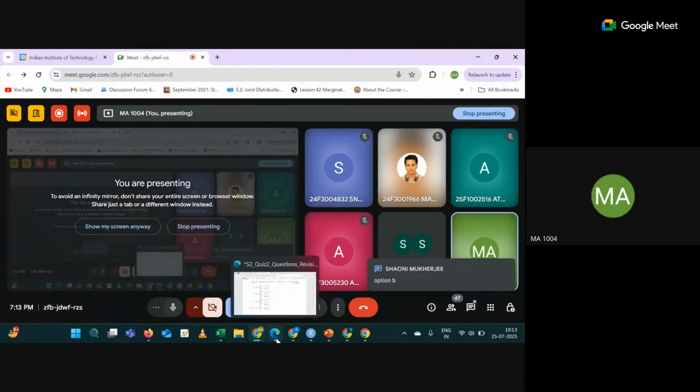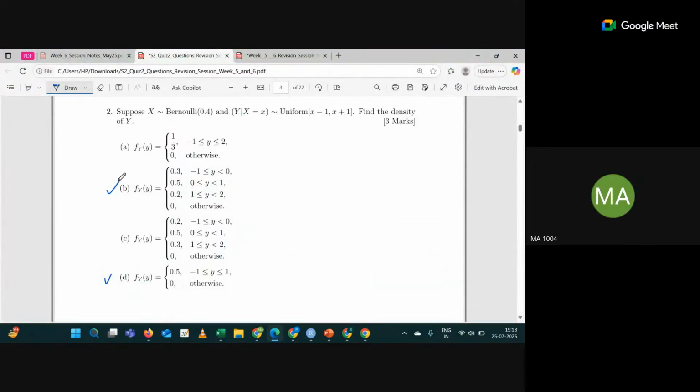Okay, Soundly Mukherjee said option B. So I got one vote for option number B. I will wait for 1 more minute and then I will start. Discussion. Option B, sir.